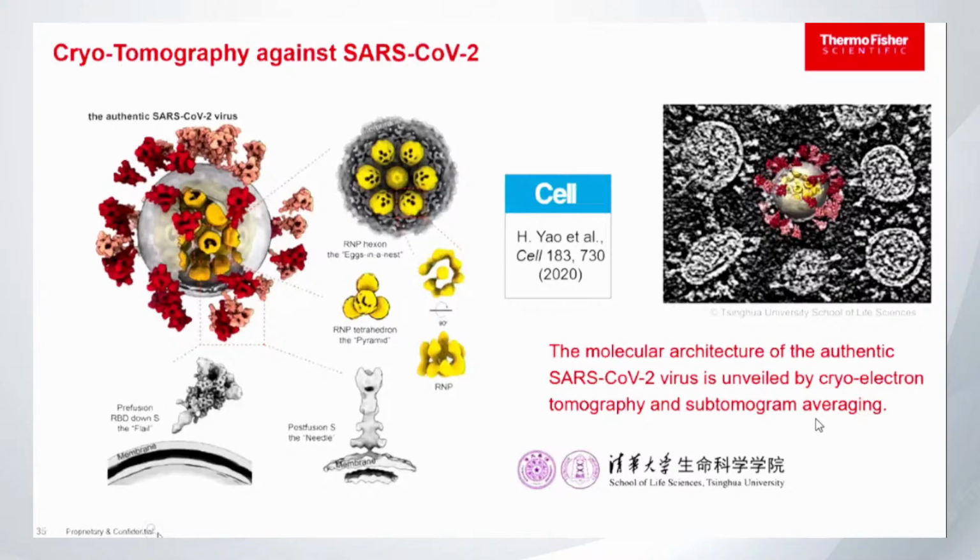Because it's a virus, we don't need to do the cryo-FIB part. And this is very cool because you can see how the spike is interacting, the composition of the spike, etc. This was very well done work published in Cell in 2020.